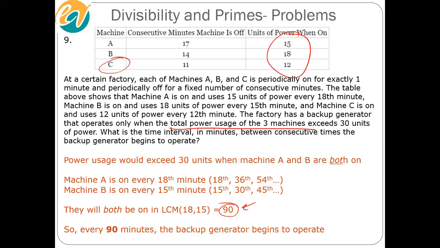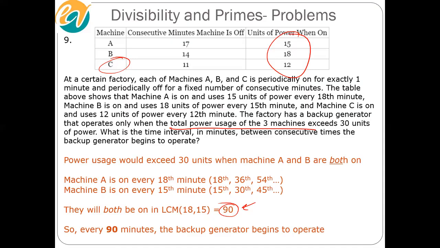So if the question, by the way, was in fact what would be the time duration after which all three machines would be operational together, in that case, it would be the LCM of 18, 15, and 12. Correct?